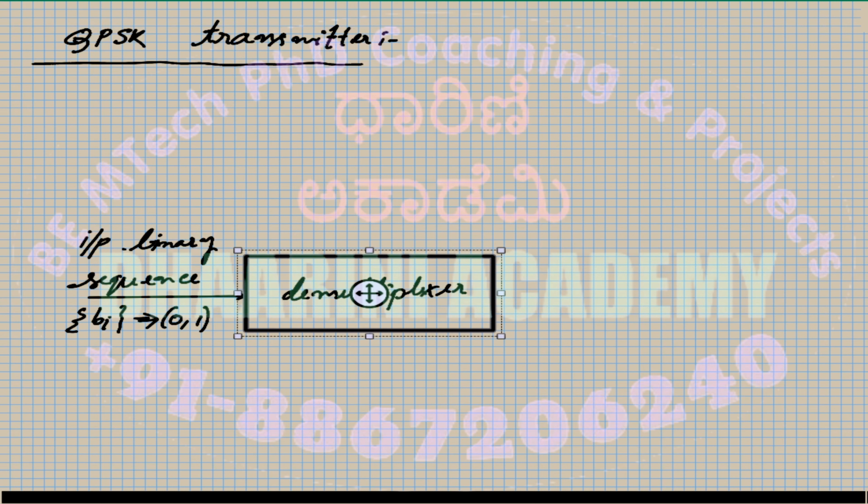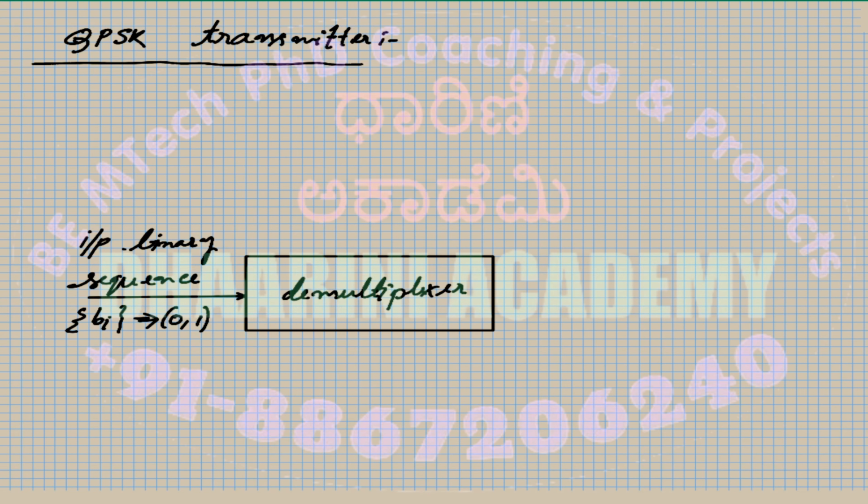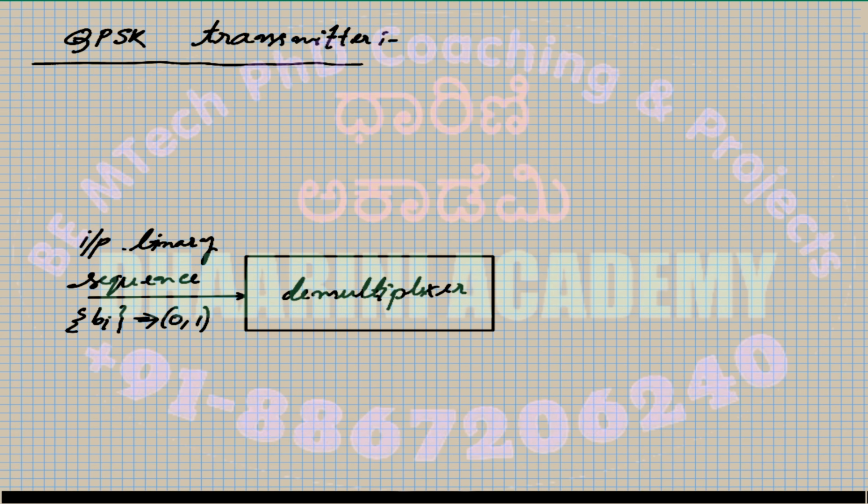The demultiplexer splits the signal into even and odd sequences. You have to divide the incoming sequence into sets of two symbols, because 0 0, 0 1, 1 0, 1 1 are what we are looking for. So just to get that, we use a demultiplexer over here.